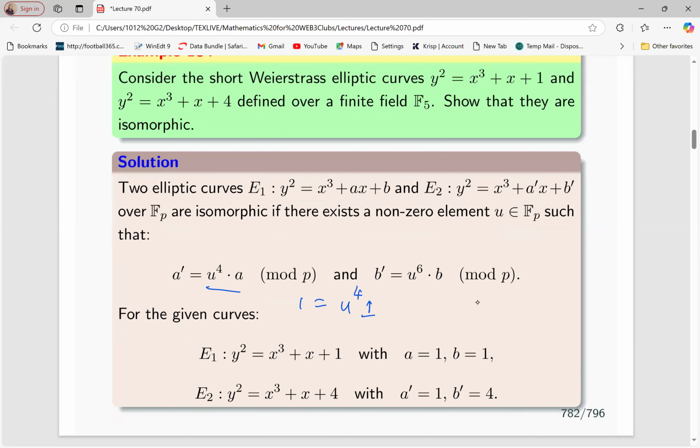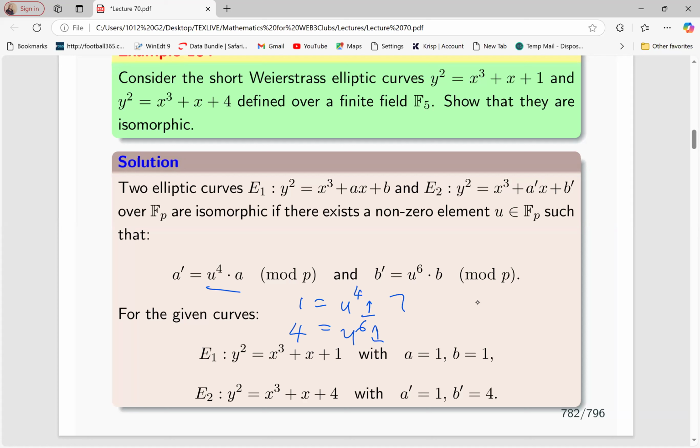So what is u? We want to find out what u is. And then what about b prime? Our b prime is 4. Can we get a u such that u raised to 6 times b, in this case 1, gives b prime? Can we get this u?